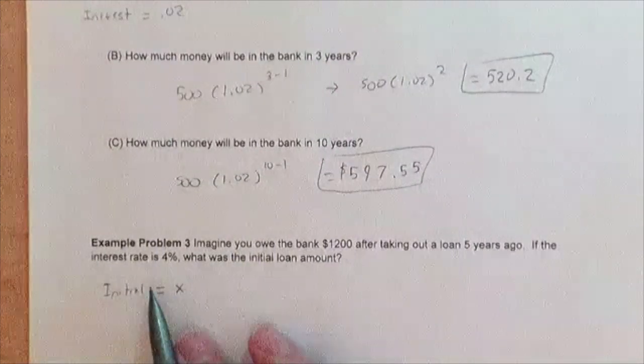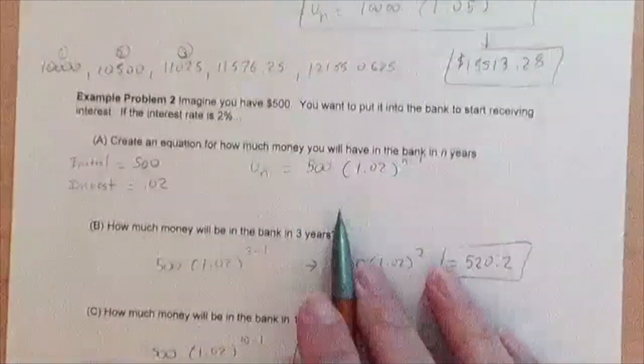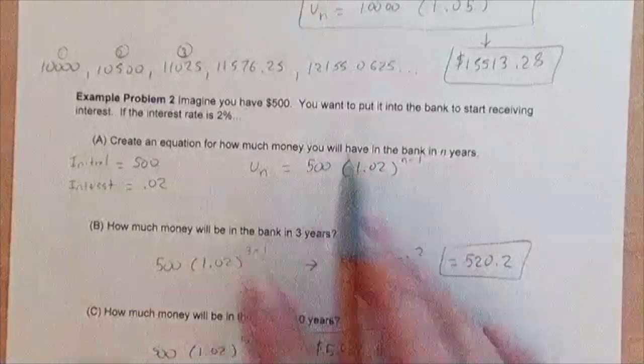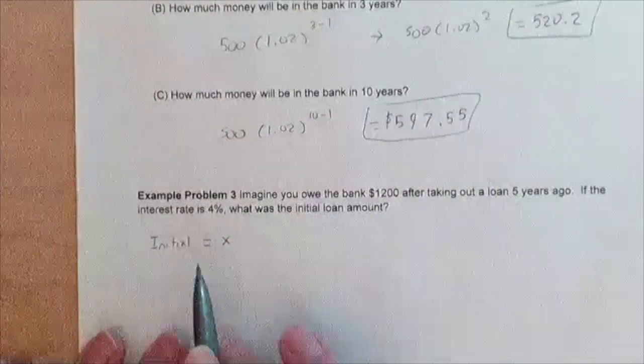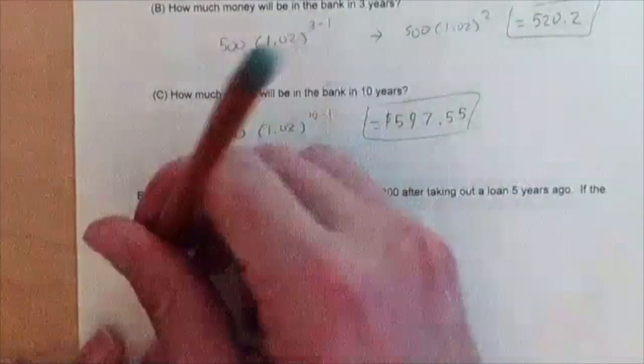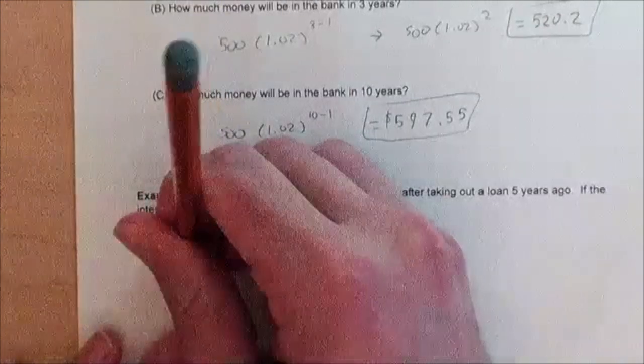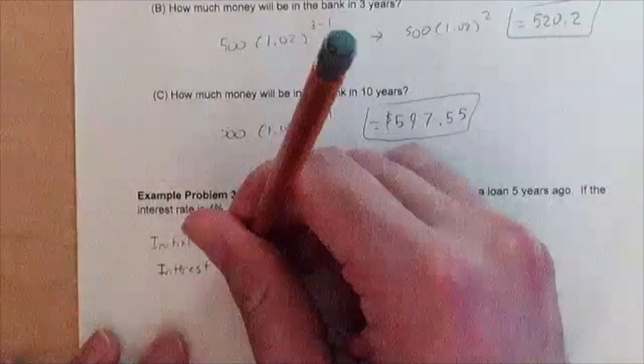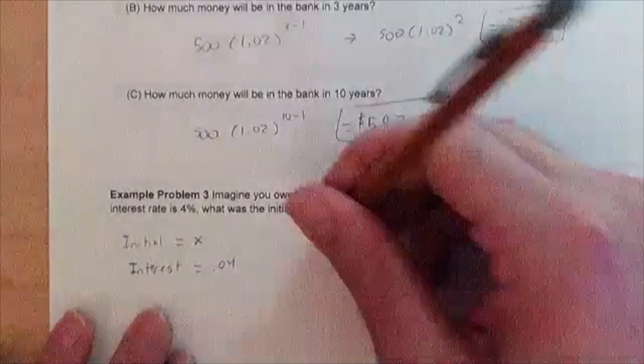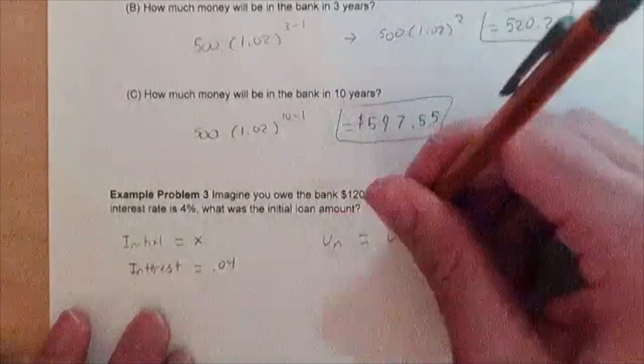And if we don't know the initial amount, we just have to see what we can put into this equation first. And it's going to be stuff we used to do too. So the initial amount we'll say is X. We don't know what that is quite yet. But the interest rate here is 0.04. And we know that we want to fill in this equation.